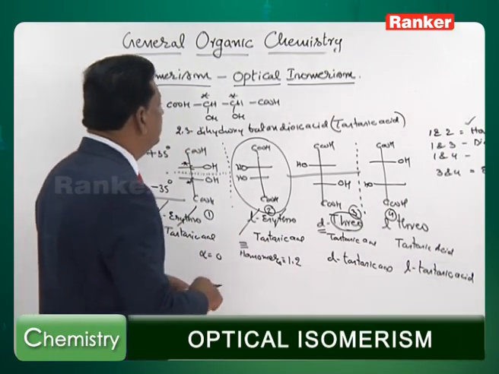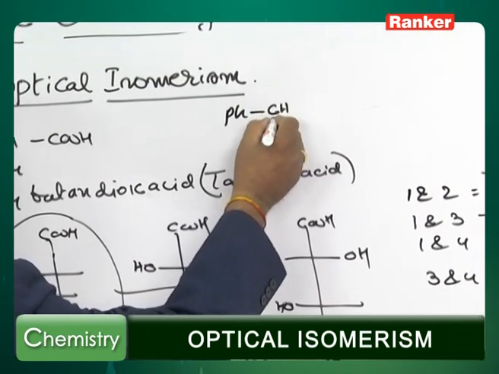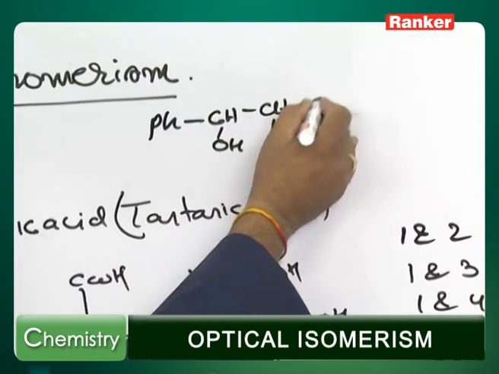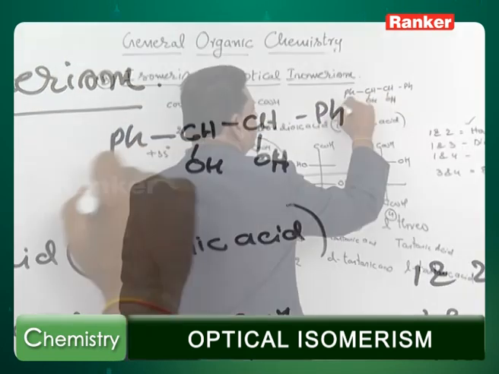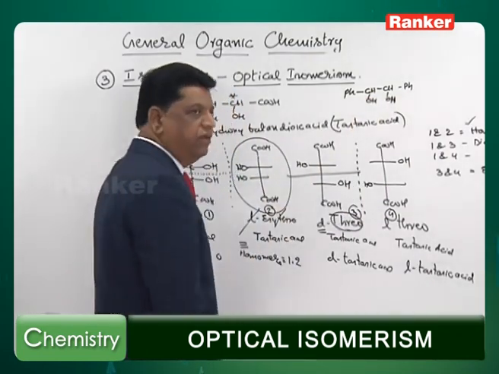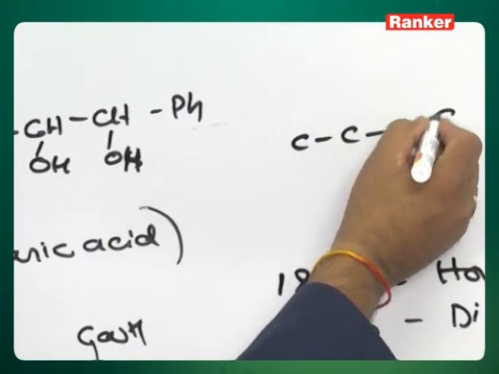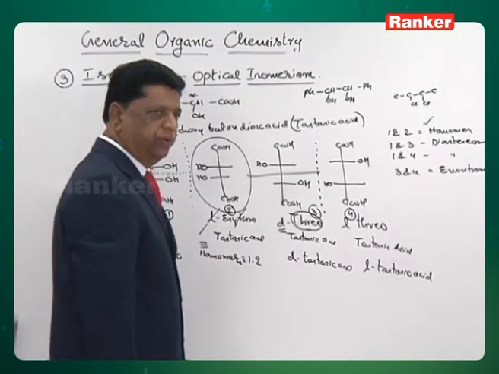Like this we have a huge number of examples, like a phenyl with a CHOH. If nothing is there on this side or that side, it is called 1,2-diphenyl ethylene glycol. Or you can take 1,2-dichlorobutane or dibromobutane.